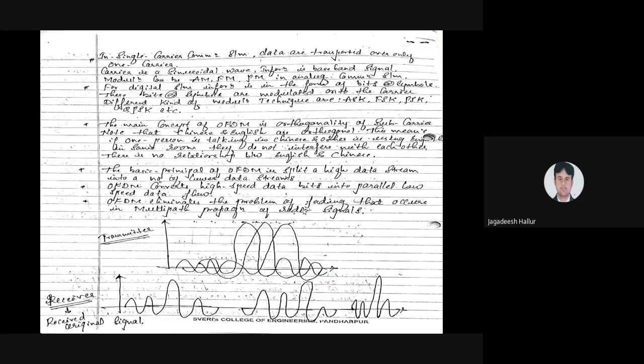In the diagram you are seeing a number of sinusoidal waveforms combined, but at the receiver end they are separated. Why are they combined? In a common channel, all the signals are transferring. One is in English, one is Chinese, one is Marathi.